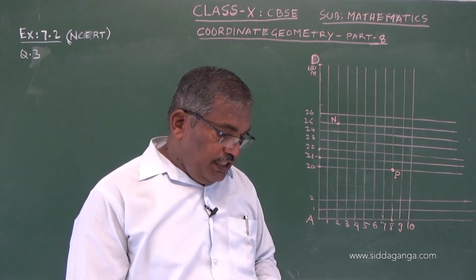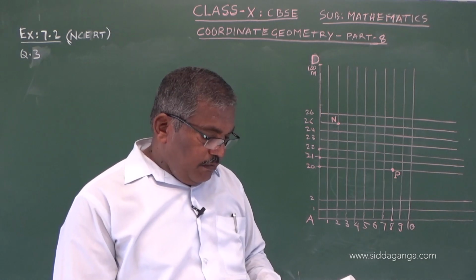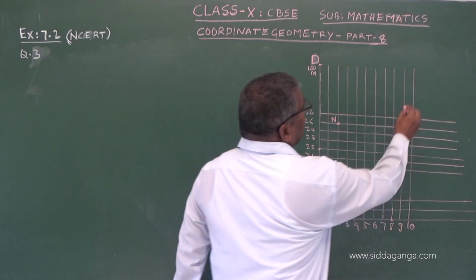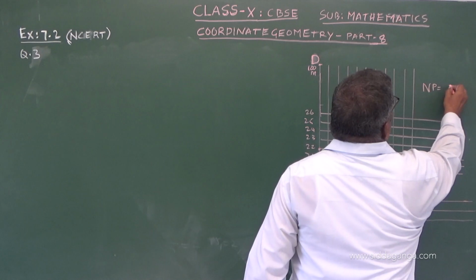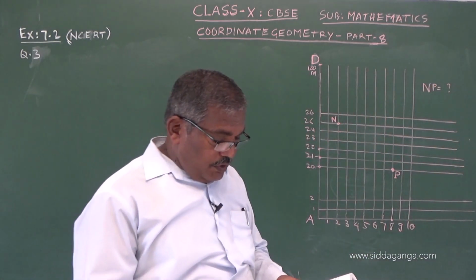Now the question is, what is the distance between both the flags? What is the distance between NP? So NP distance, NP equals what? Distance. So distance we have to find out.